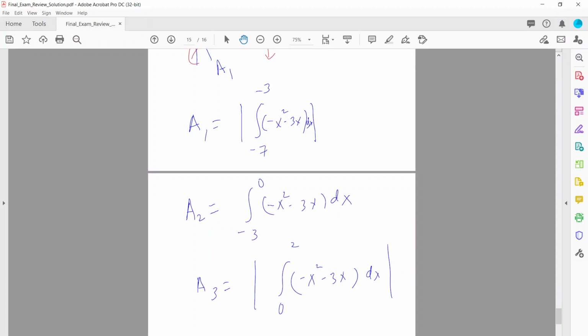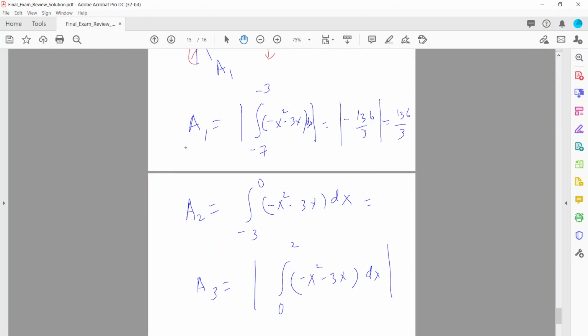So I did this integration by using the fundamental theorem, the way we have been doing up to this point. For the first part, from -7 to -3, I got -136/3. Because of this absolute value sign, it will be 136/3.